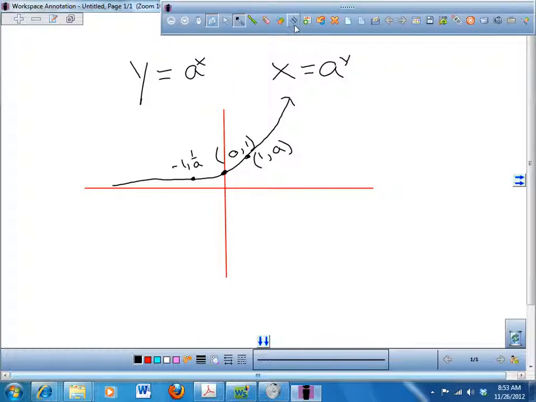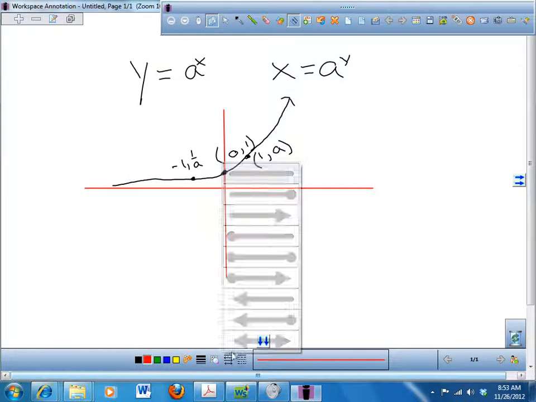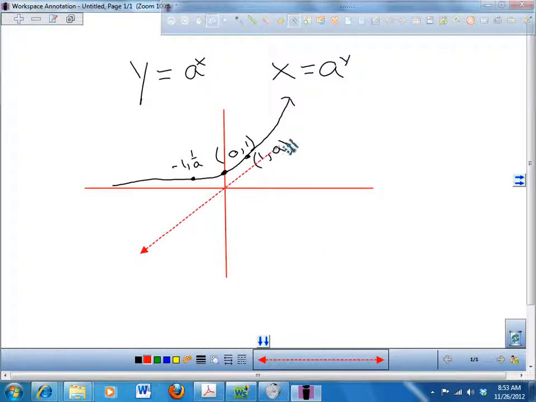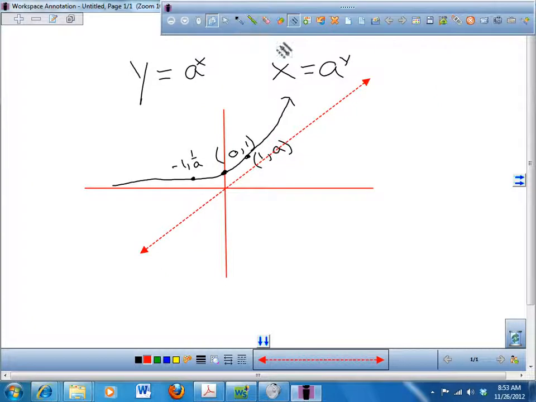Now, for a logarithmic function, if I take a line, let's put arrows on both ends and make it dotted, which has the equation y equals x, and I do a reflection, because you had something like this on your quiz, right?